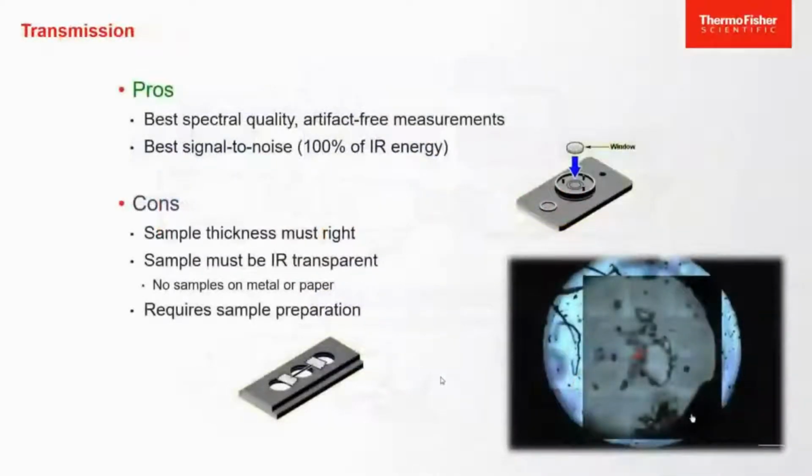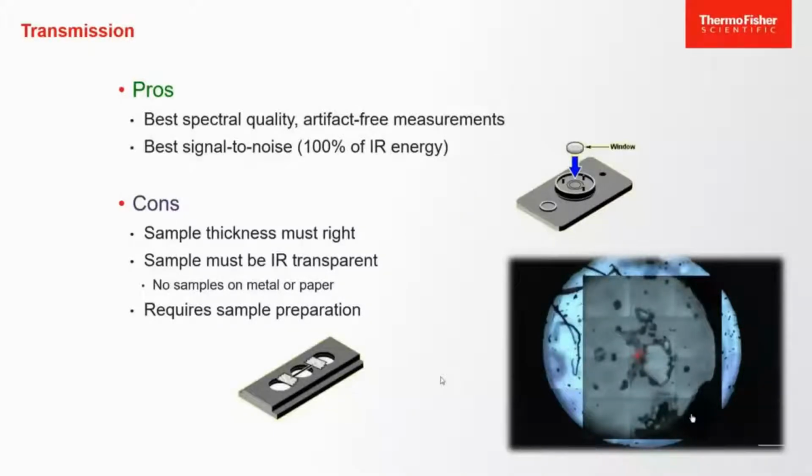Now, the advantage of transmission, as I said earlier, is that it gives you the best spectral quality. It has no artifacts that you see in the reflection. In ATR, you'll see peak shifts. In infrared reflection absorption, you can have a sample that's too strongly absorbing, things like that. But in transmission, you get the best signal to noise, as I said, because you're getting 100% of the infrared energy through the sample.